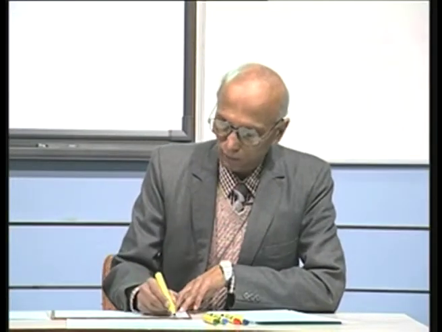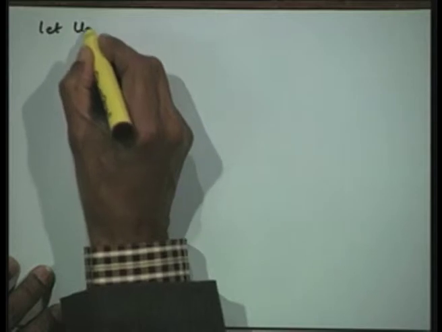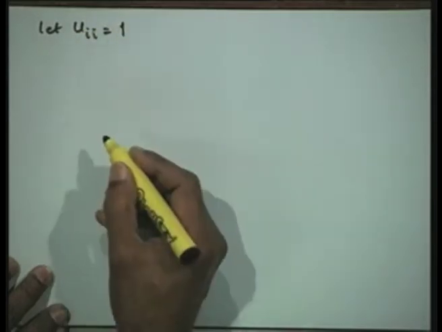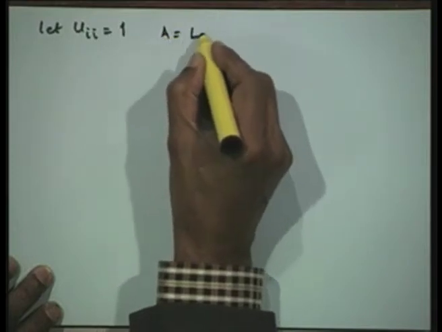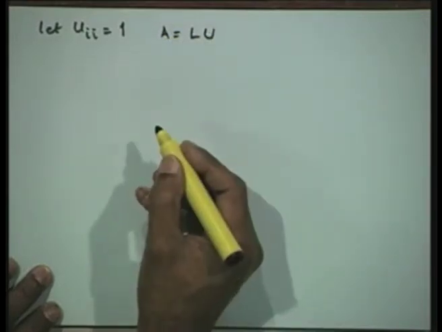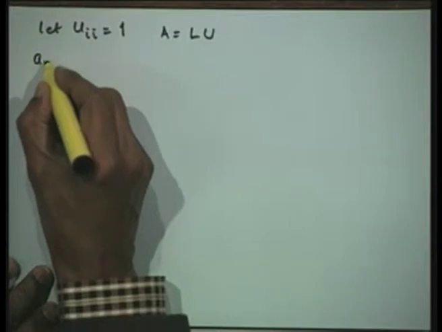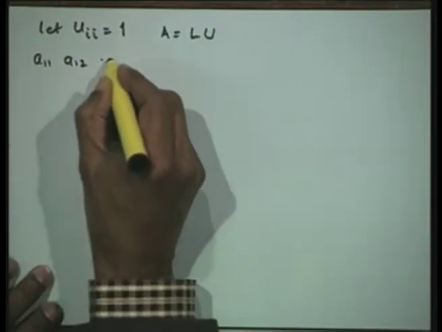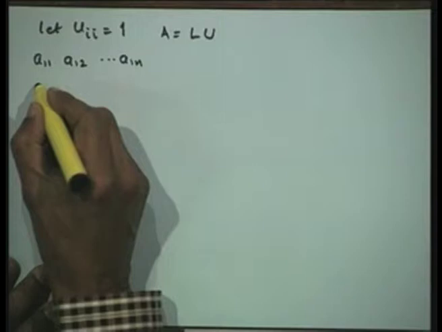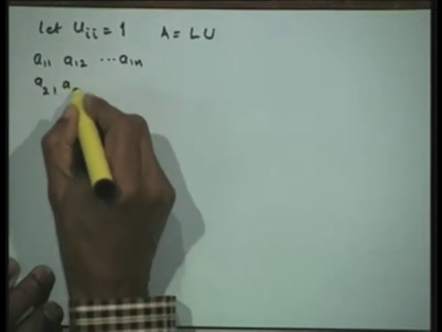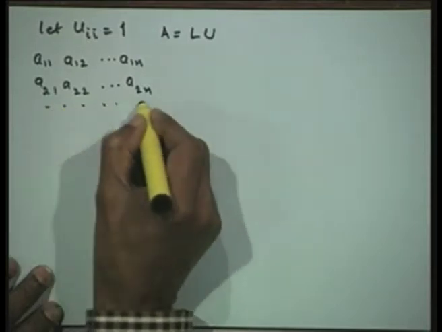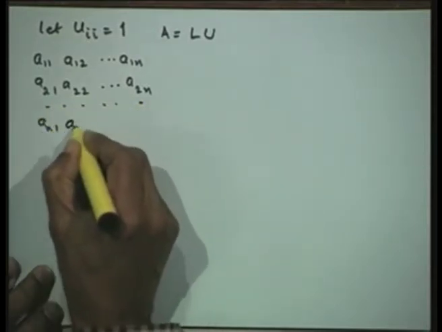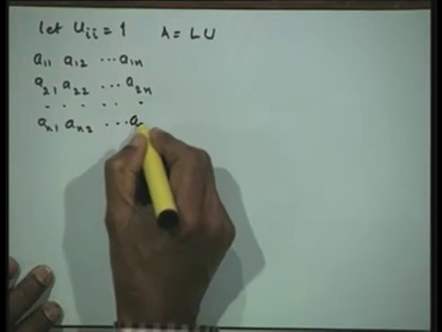So, let us take Uii equal to 1. Therefore, my system of equations A = L U would look like: A11, A12, ..., A1n; A21, A22, ..., A2n; An1, An2, ..., Ann.